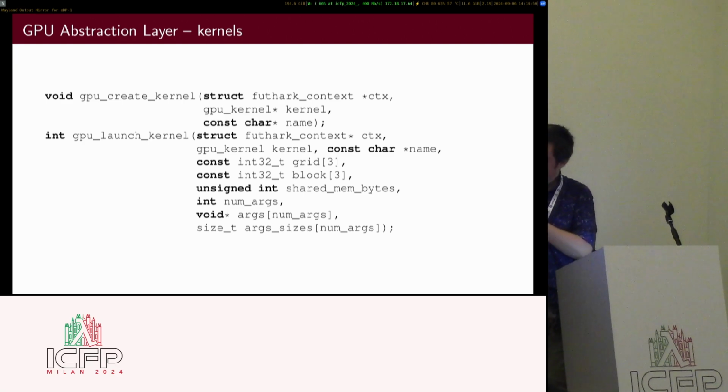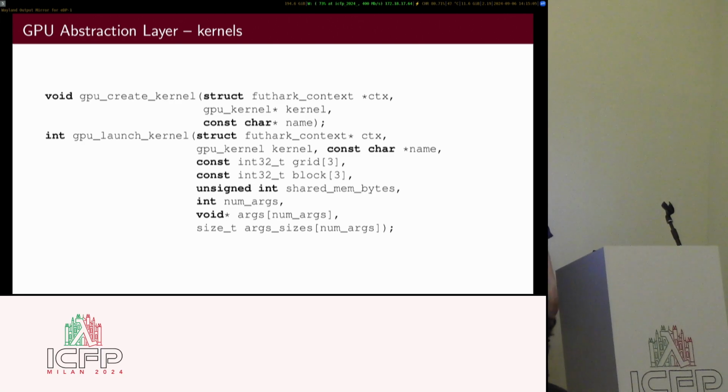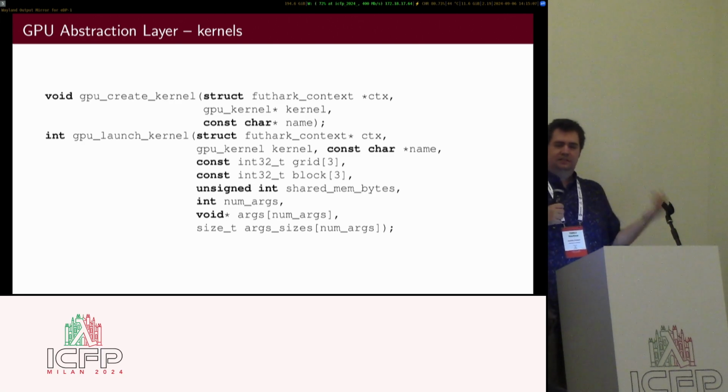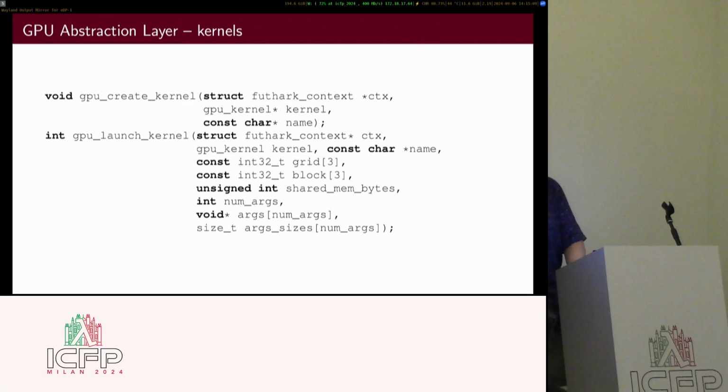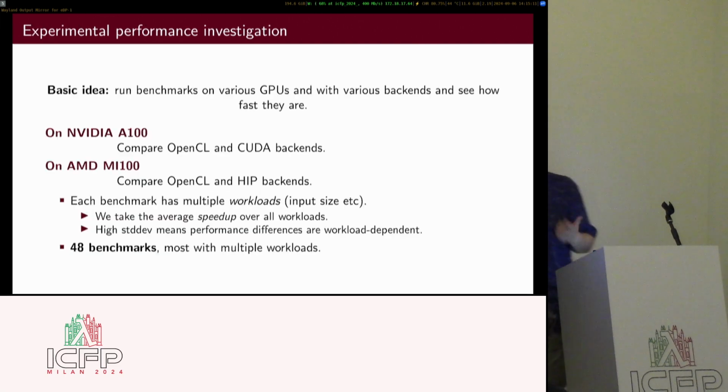And there's a bunch of parameters you provide about how many threads and so on, which are not super important, but this is just to show how small the interface actually is. So if we can implement these 7 functions, then we can add a new backend, at least if that backend is conceptually similar enough to the existing ones we have.